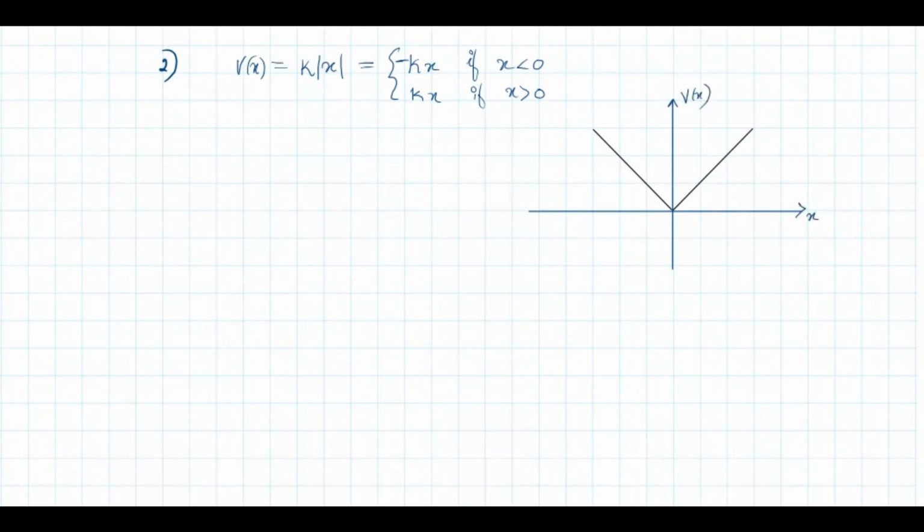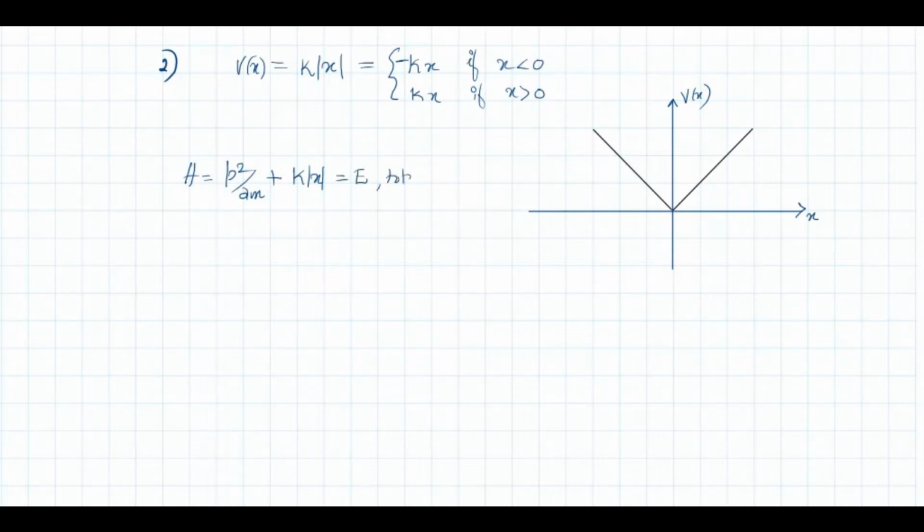Okay, now the Hamiltonian, you can write it as p square by 2m. This is a single particle moving in a one-dimensional potential like k mod x. Then the Hamiltonian becomes p square by 2m plus k mod x, and that is nothing but total energy.